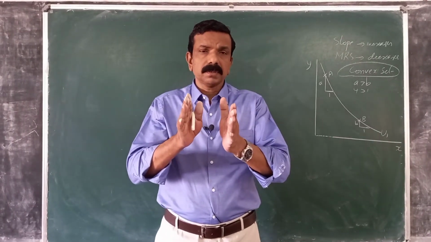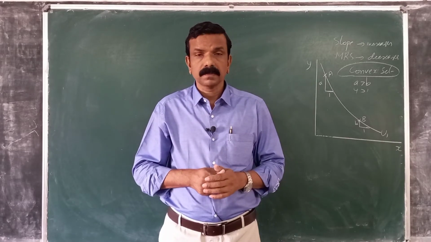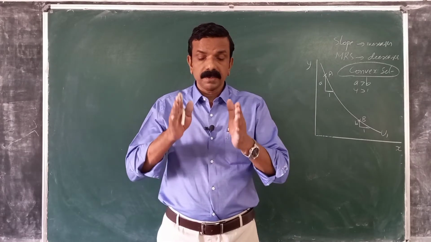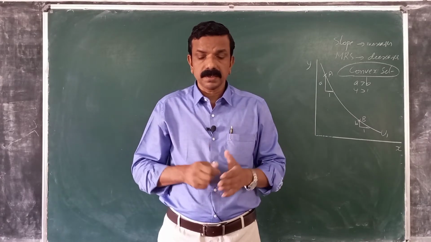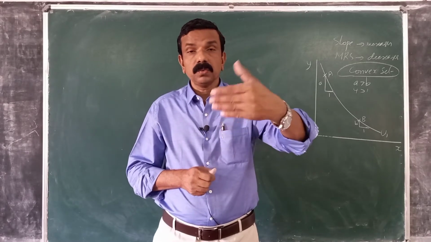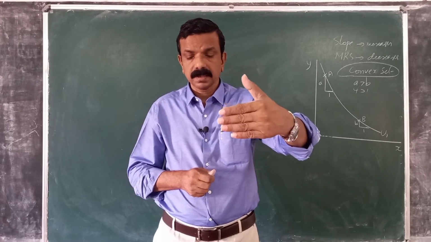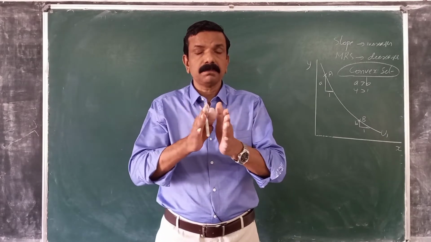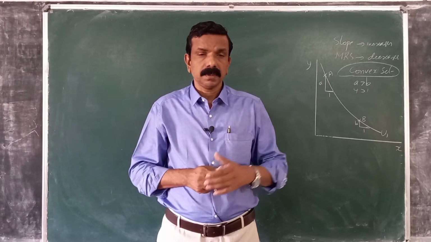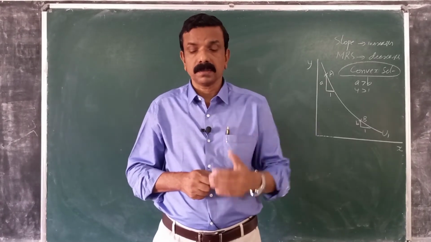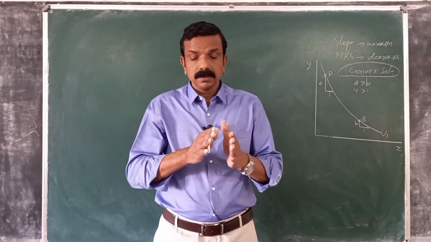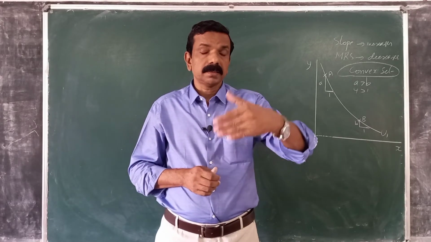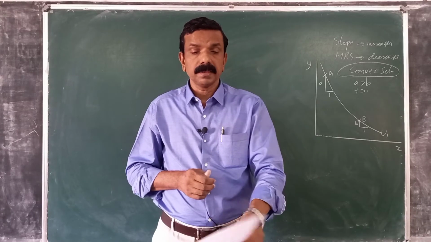A set of points is said to be convex if any 2 points within the set can be joined by a straight line that is contained completely in the set. Let me repeat, a set of points is said to be convex if any two points within the set can be joined by a straight line and the straight line is contained completely in the set.